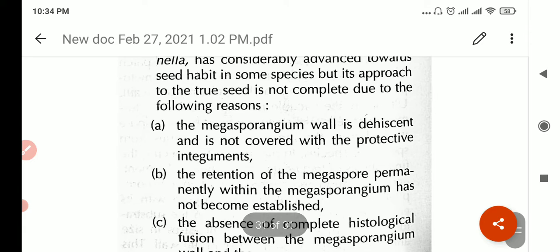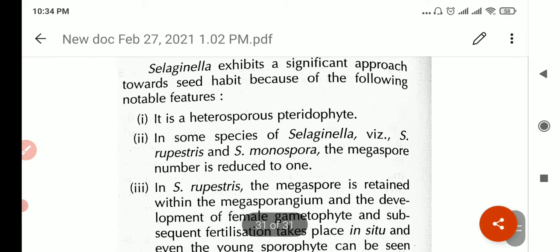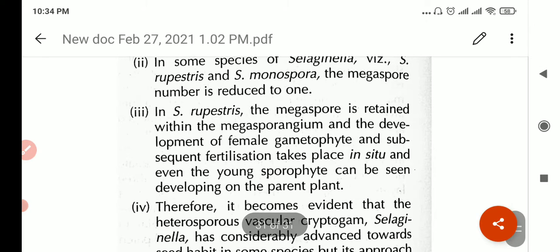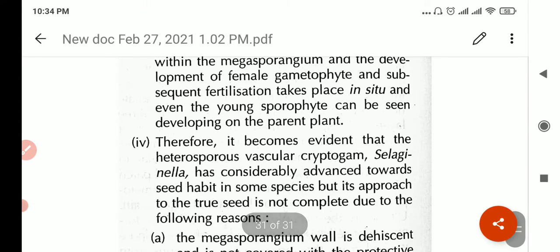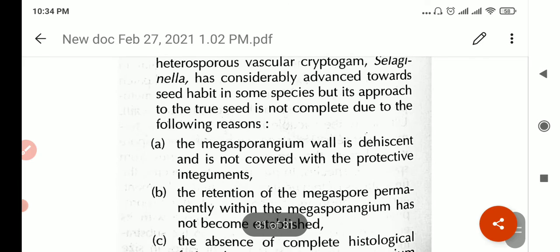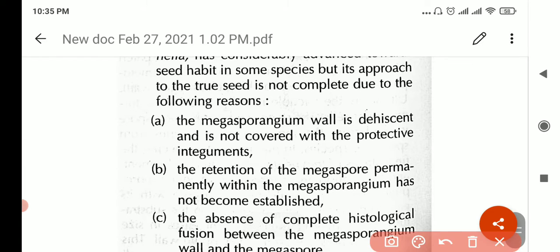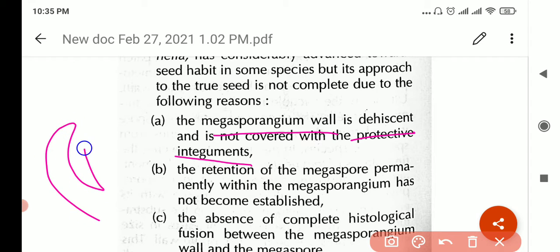But also some scientists are saying it is not a true seed. First they say it is a true seed because number one, it is heterosporous, then only 1 megaspore is remaining, then the fertilization and development of the gametophyte take place in situ. But they say it is not a true seed because the wall of the megaspore is dehiscent, and it doesn't have the protective integuments like in higher plants.